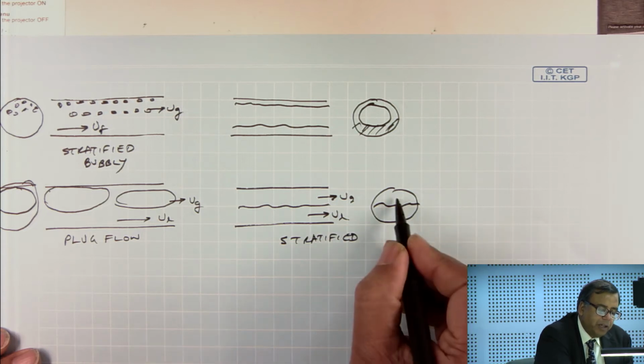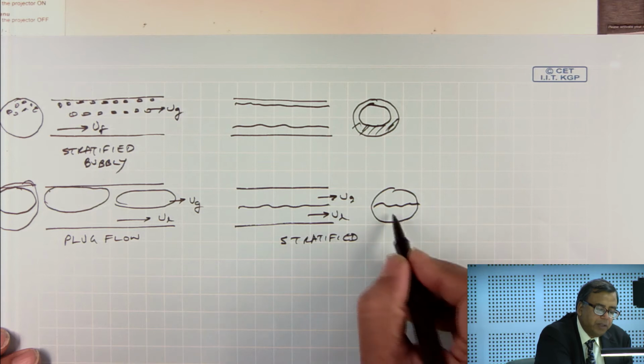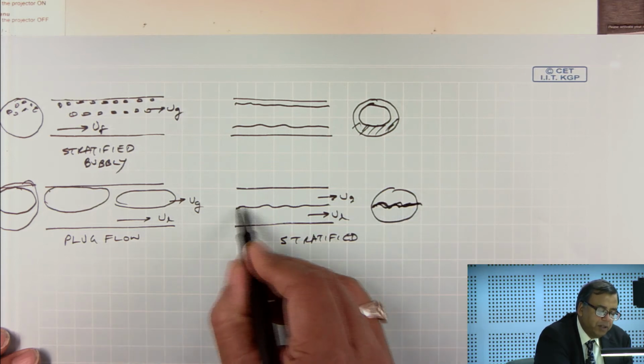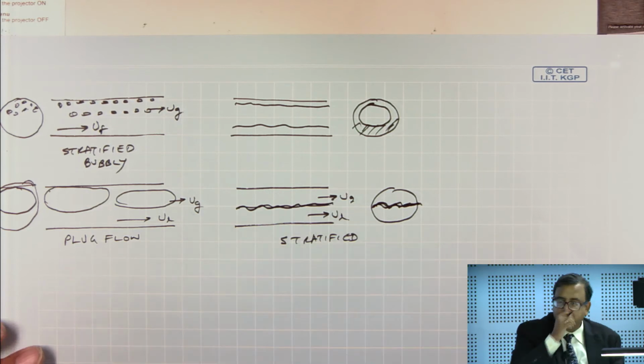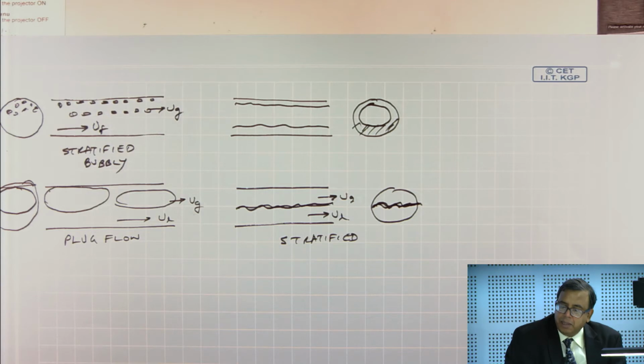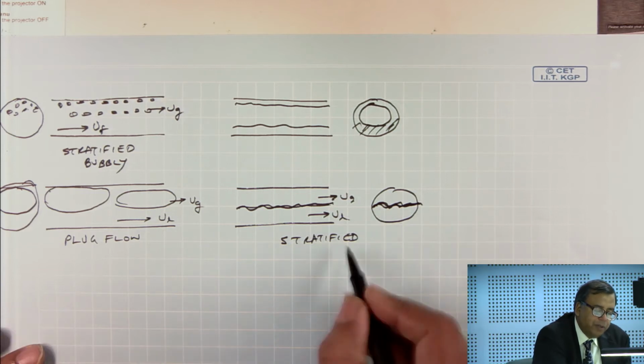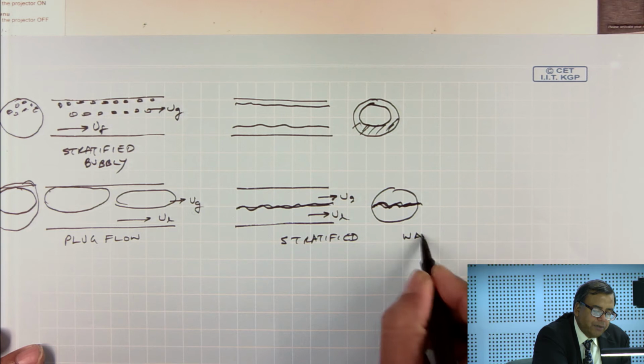And depending on the relative difference between your UG and UL, that will determine the type of waves that are going to form on the surface, and whether they grow with time or they shrink with time or they damp out with time. Okay. Now the stratified flow can also, depending on the magnitude of these waves, be classified as wavy flow.